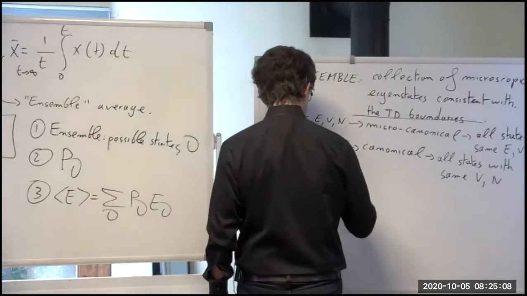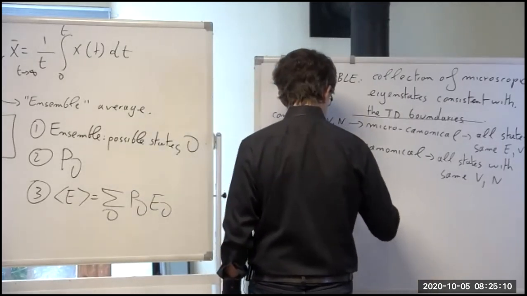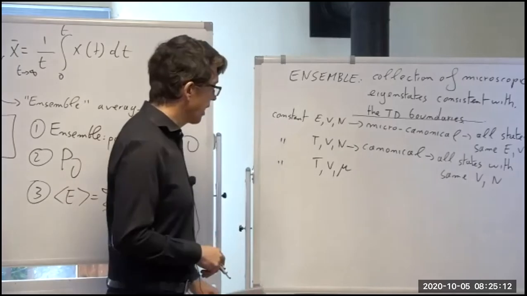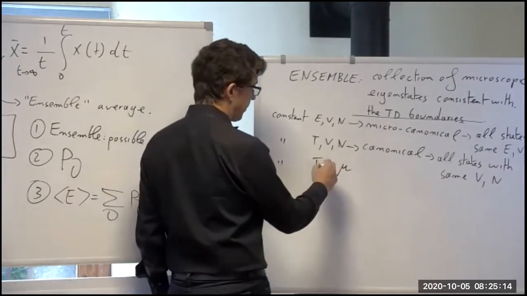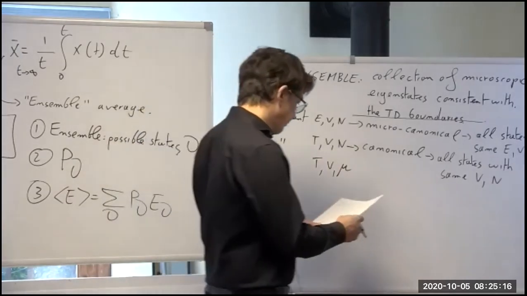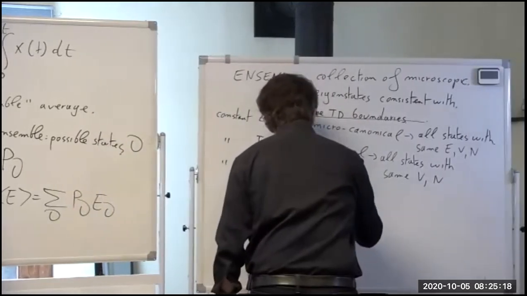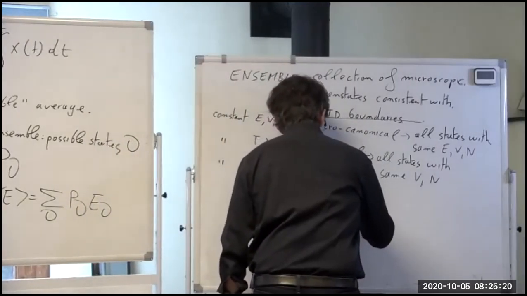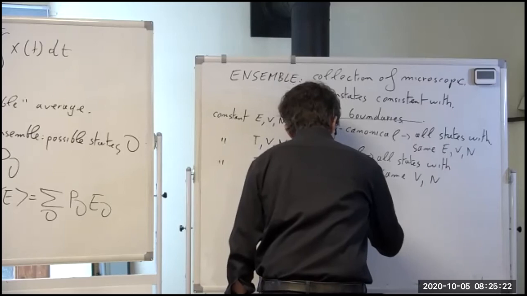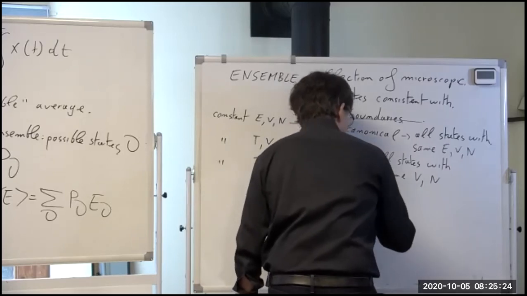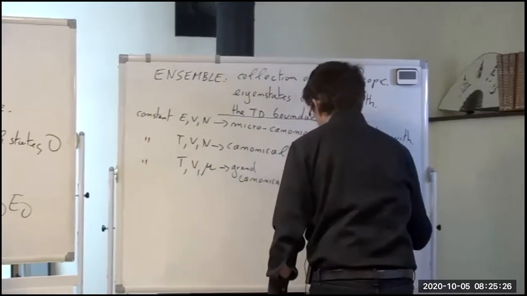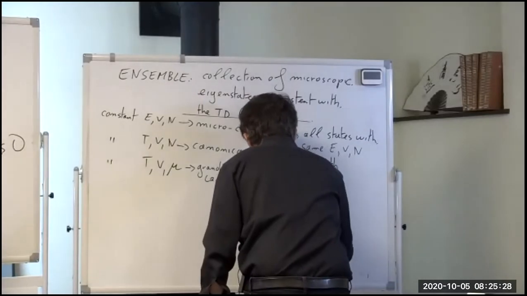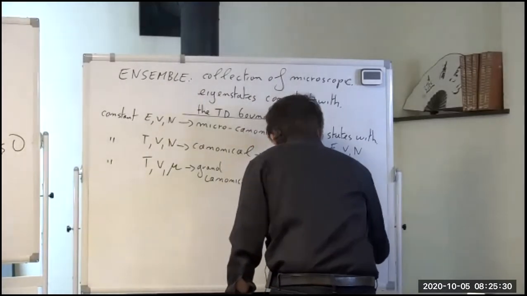And I can keep on going, right? If I did constant T, V, and mu, so now I only have one extensive variable as a boundary condition. This is called a grand canonical ensemble. And this is now all microstates.